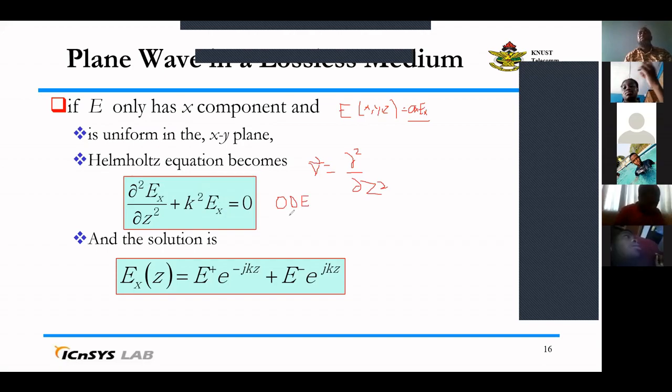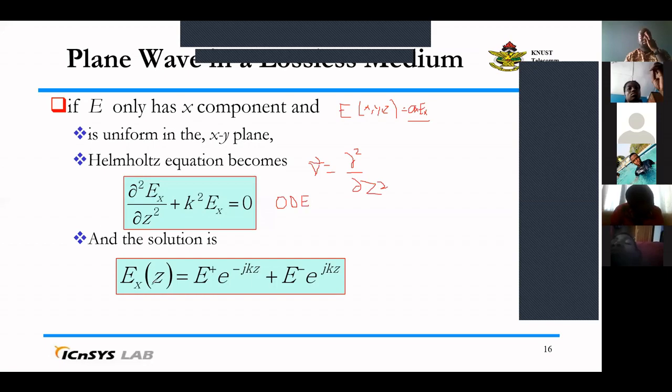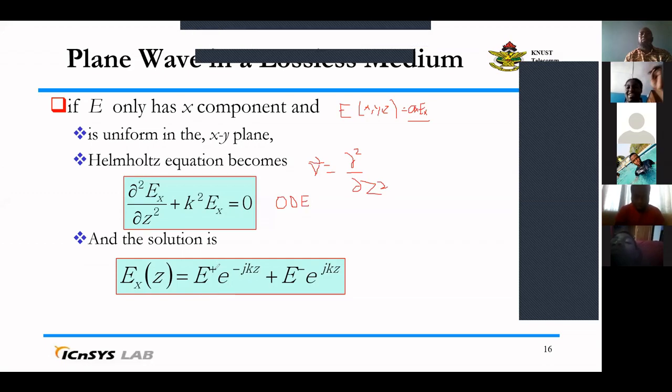And I believe you have been taught how to solve ODEs. And since this is not a math class, I'll simply state that the solution for an ODE of this nature is Ex, because only the X component is present, varying along the Z axis, is a certain constant E plus e to the minus jkz plus another constant E minus e to the plus jkz.